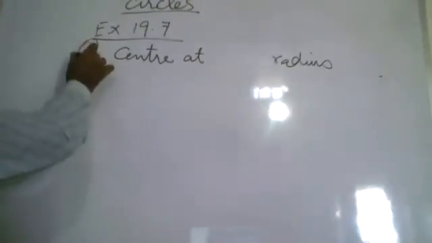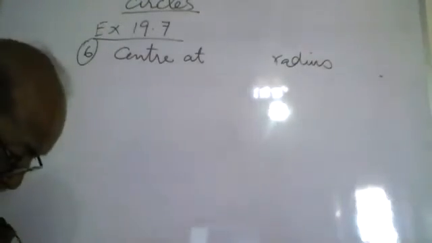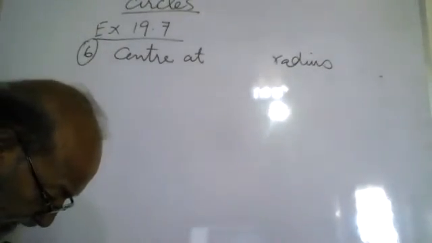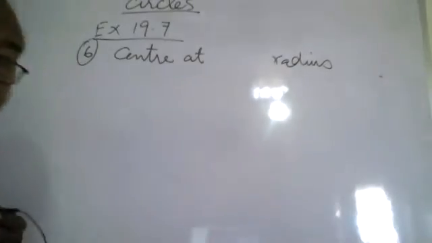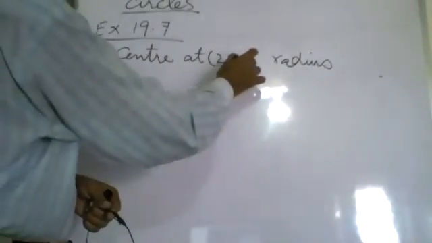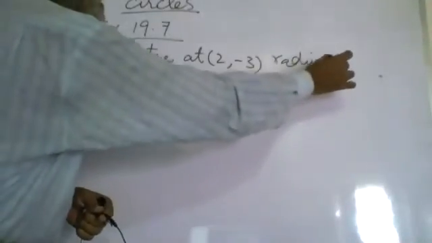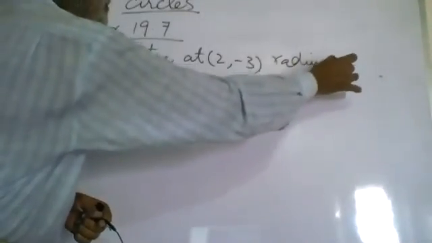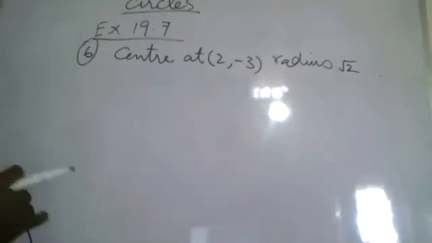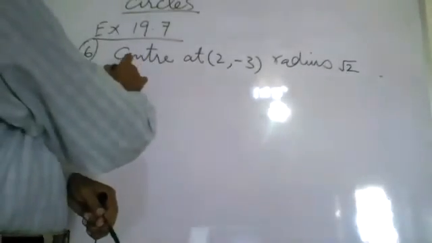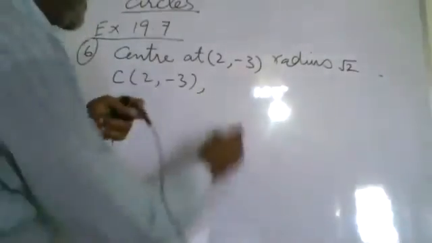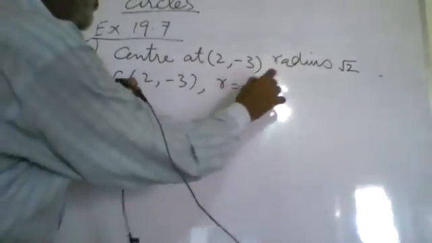So center 2 comma minus 3 and radius under root 2.